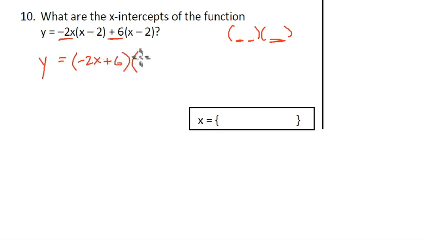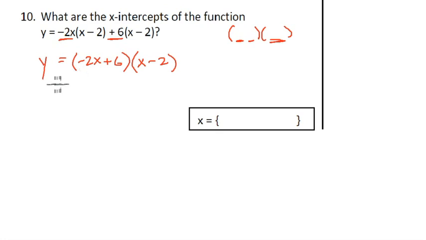Because x minus 2 is a common factor of these two terms, we can remove the x minus 2 from each of these terms, and what we're left with is the negative 2x plus 6. And now we have changed this equation to an equivalent form. It's the same equation, but now it's in intercept form. And now we can actually find the x-intercepts.